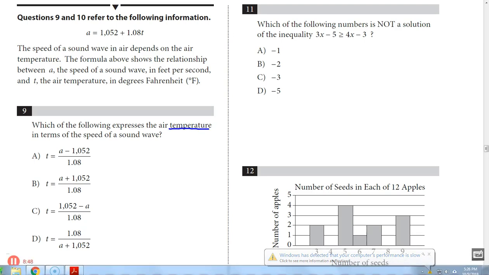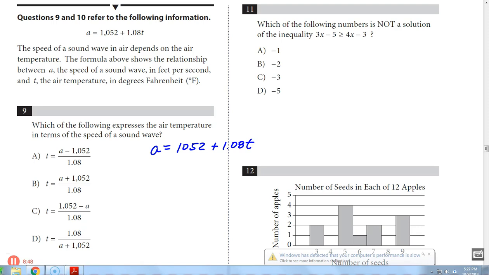When they say in terms of, that means they want temperature in terms of something else. So another way to do this is just, solve for T. Let's crank this equation out. I have A = 1,052 + 1.08t, and I need to solve it for t.